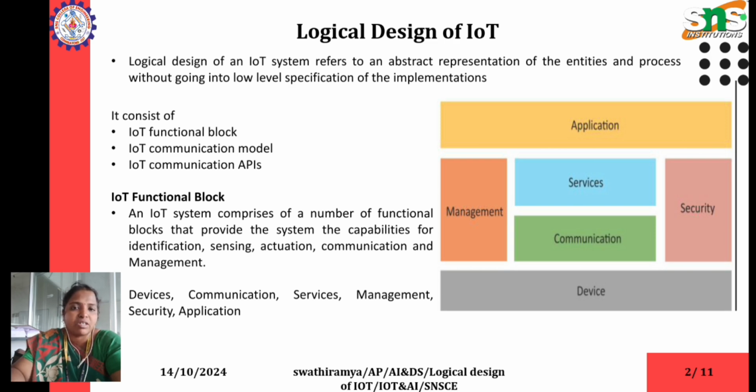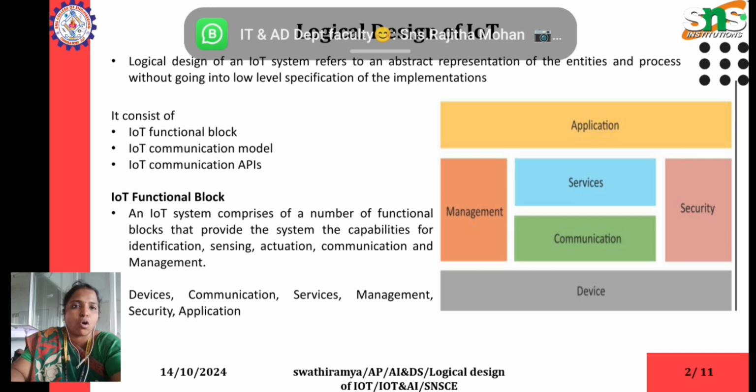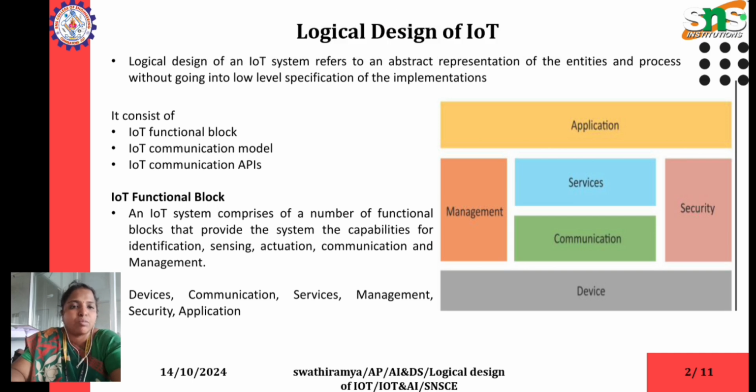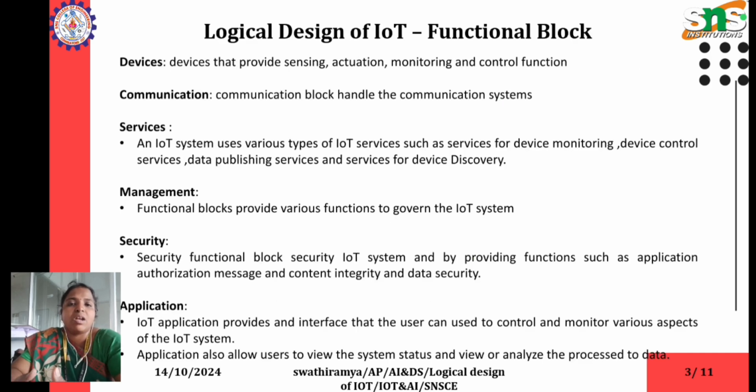So, you have the functional block called communication, and the data has to be secured, so you need a block called security. All these things have to be managed by a management block. And finally you need an application, so you have an application block in it. So let's get deeper into it.